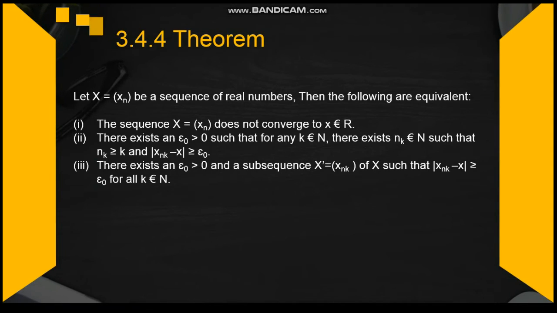Let X = (xn) be a sequence of real numbers. Then the following are equivalent. 1. The sequence X = (xn) does not converge to x in R. 2. There exists an epsilon 0 greater than 0 such that for any k in N there exists nk in N such that nk is greater than or equal to k and |x_{nk} - x| is greater than or equal to epsilon 0. 3.